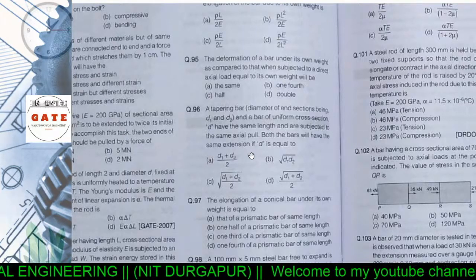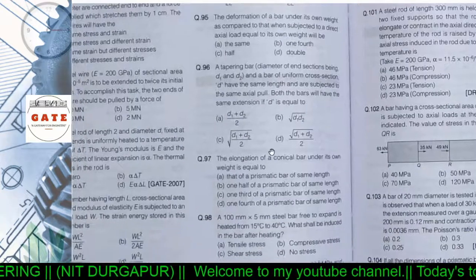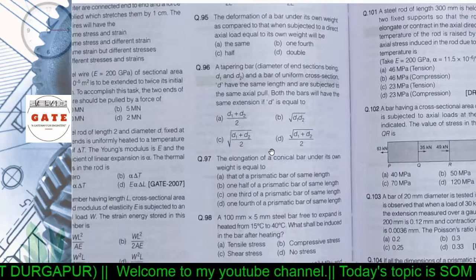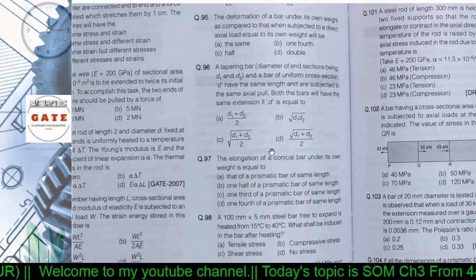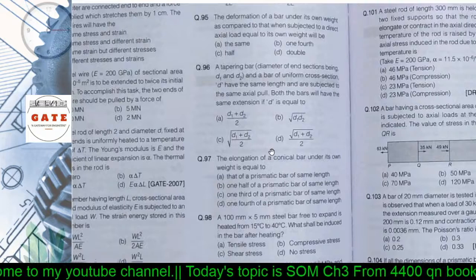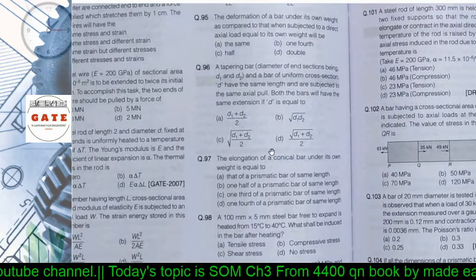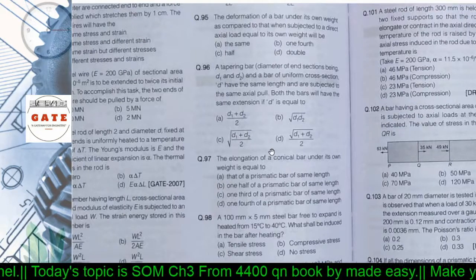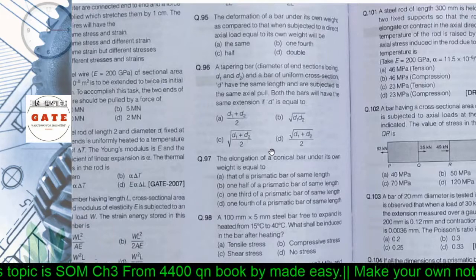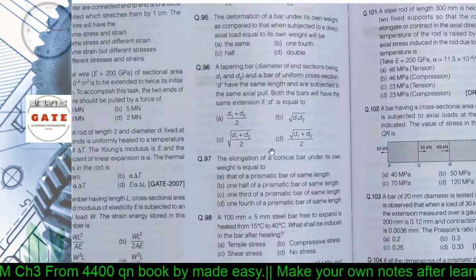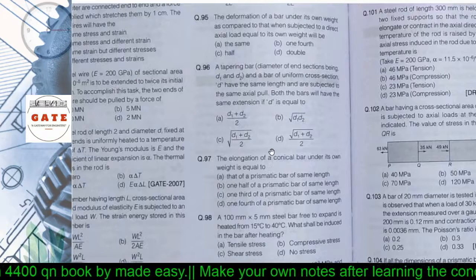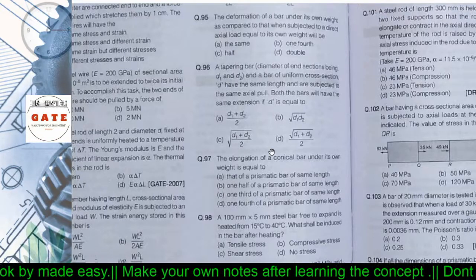Let's move on to question number 96. A tapered bar of diameters D1 and D2 and a uniform cross section bar with diameter D having the same length are subjected to the same axial pull. Both the bars have the same extension. If everything is same, then extension, that is deformation delta L, is same.